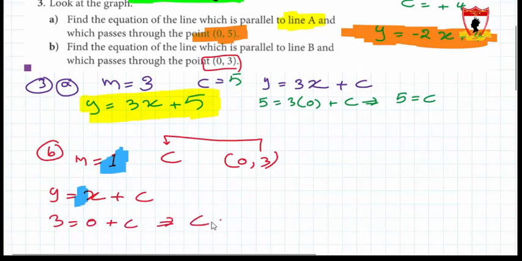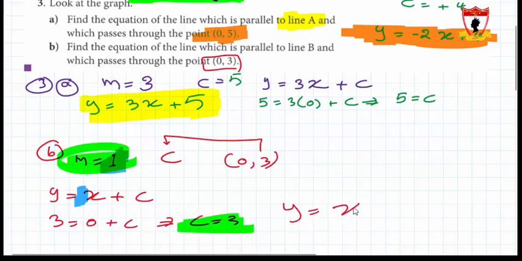So from this, c is equal to 3. Now we know c. We got the gradient. And we know c. We can write the equation of the line which is parallel to line B and passes through 0, 3. Then y equals x plus 3 is the equation of a line that passes through 0, 3, and it's parallel to line B.